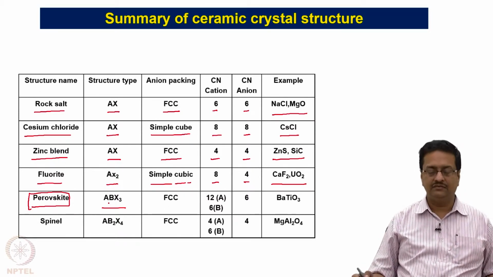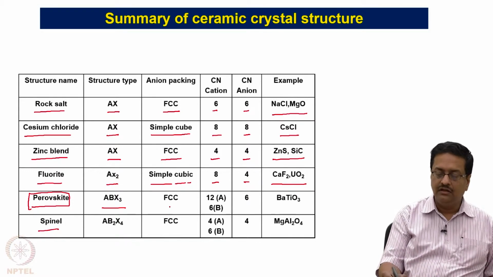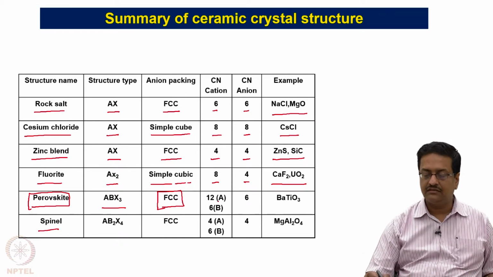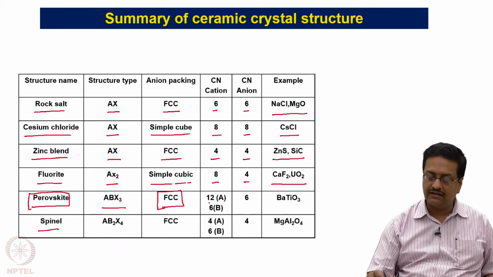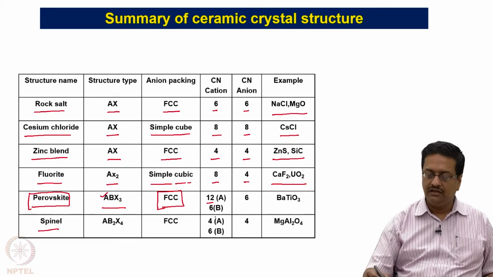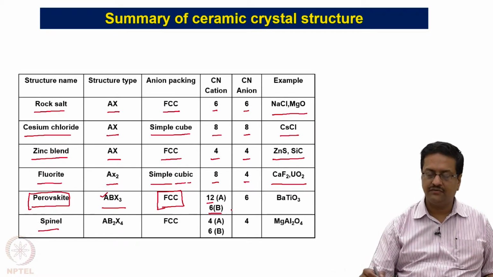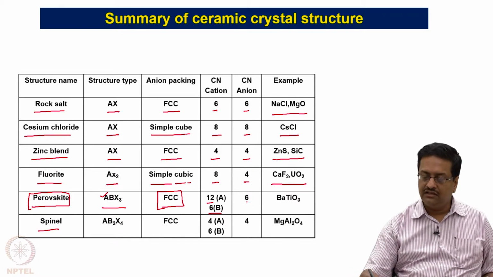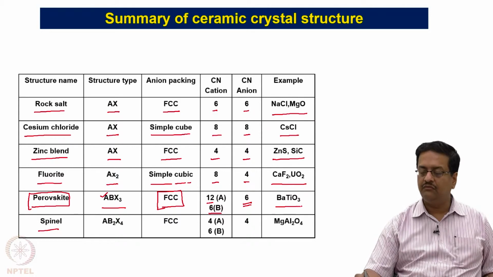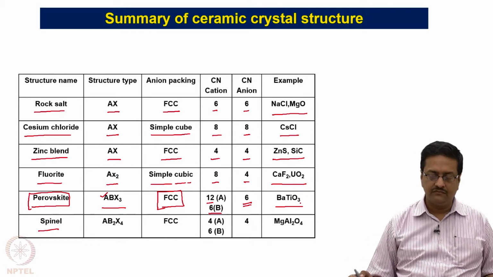We have two types of cations just like spinels. It occupies a face-centered cubic system where the coordination number is 12 for the cation A and coordination number 6 for cation B, and the anion is always 6 coordinated. An example is barium titanate.